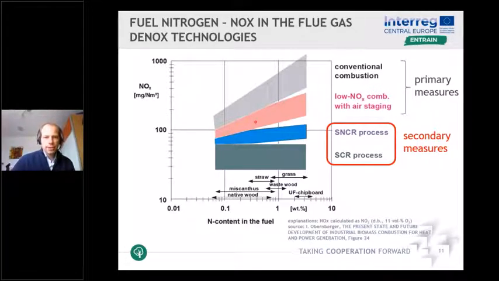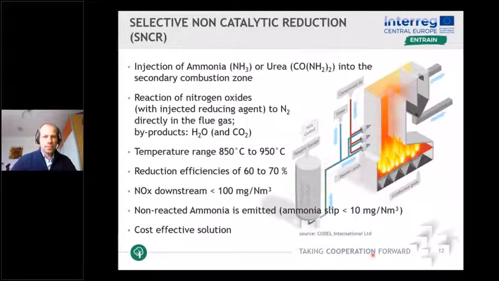If values lower than that are needed, secondary measures have to be applied, and this is done by selective non-catalytic reduction or selective catalytic reduction, which I want to present in the following. At first, selective non-catalytic reduction is a still rather cost-effective solution to reduce nitrogen oxides in the flue gas.